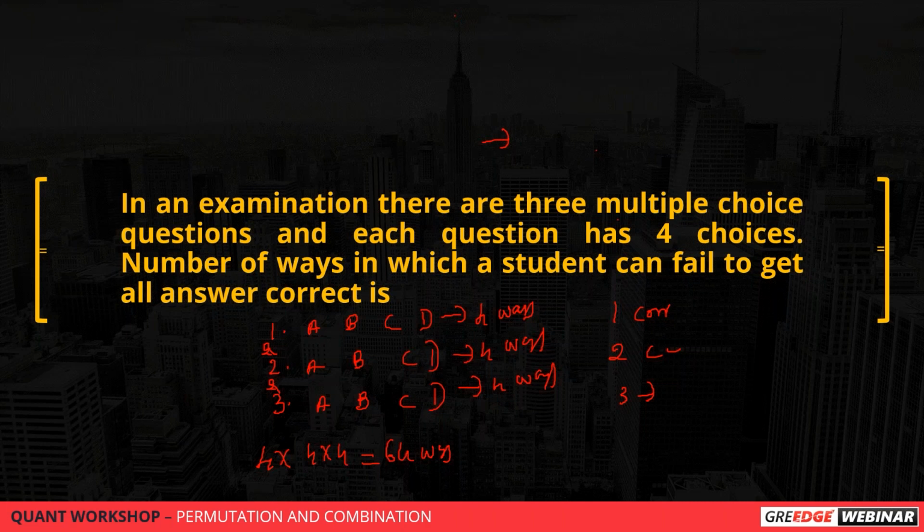Here the right choice will be only one possibility. For example, let me assume that A is the correct answer, B is the correct answer and D is the correct answer. If your answer sheet is A and B and for the third one D, you will get full marks, right? So this is the only one possible case out of 64.